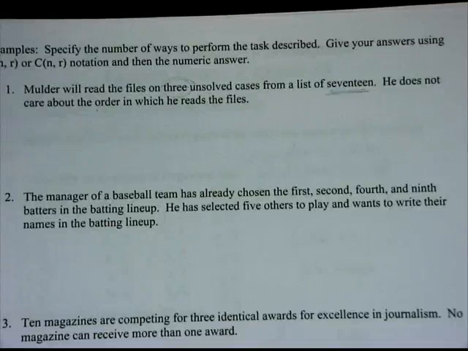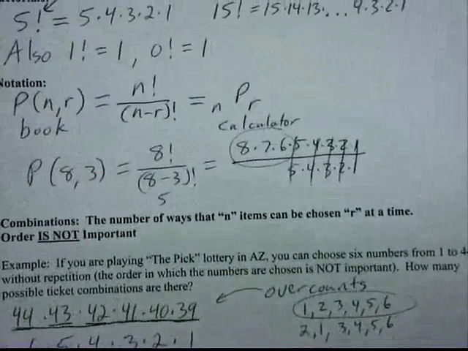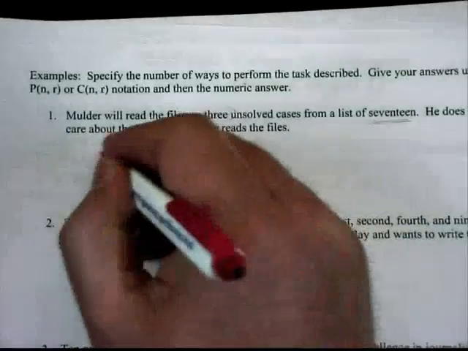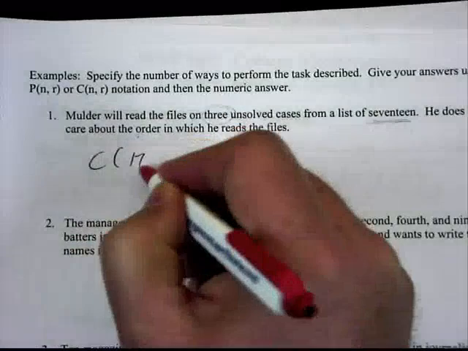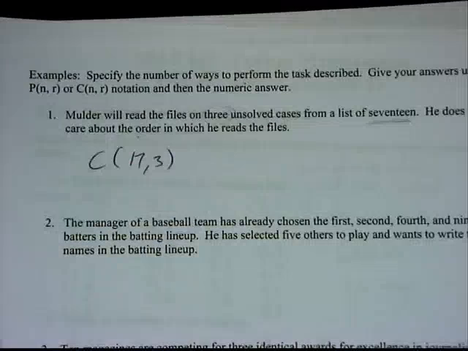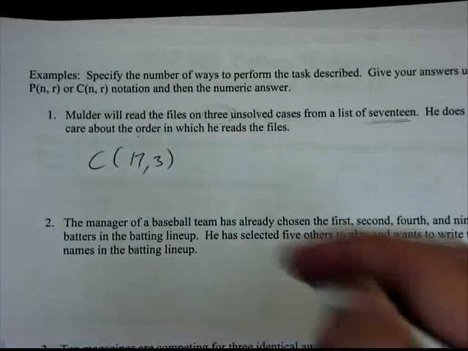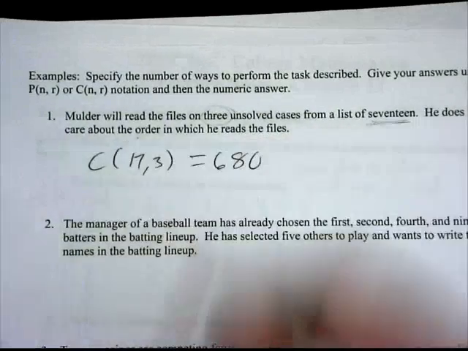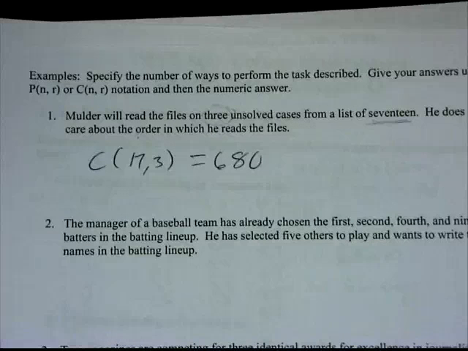Because if you look back at your definitions, a combination is when the order was not important. Okay, so we've got a combination of 17 files, and he's going to read 3 of them. So if we go to the calculator, we'd plug in 17 nCr 3, and we get there are 680 different ways that he could do that.